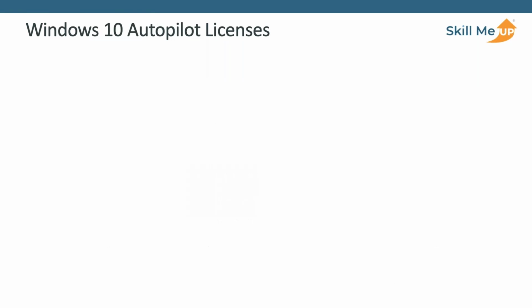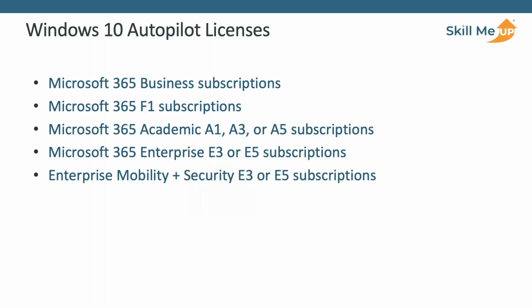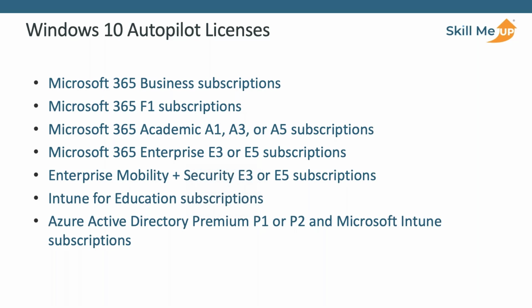Now, in order to utilize the Autopilot process, now remember, Autopilot is all about automatically connecting the devices to Azure AD. You're going to need to utilize any of these licenses that are available. So just be aware, this is a great entry point if you want to move Windows 10 devices to utilize the Intune policies that we looked at.